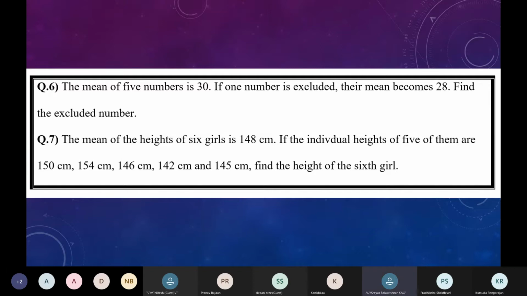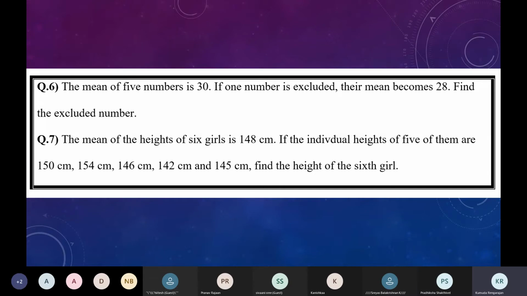Sum of all observations is equal to number of observations into mean. Yeah, what's the answer? See, we know the number of observations is 5 and we know the mean is 30.